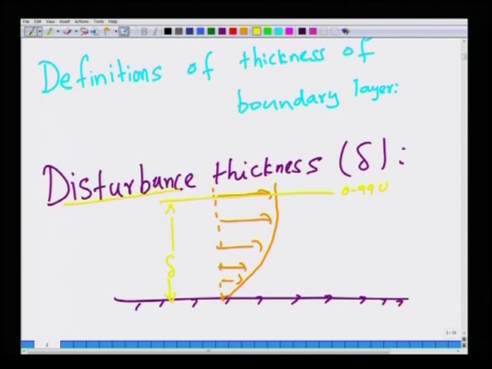Okay. So, one could have different definitions. Somebody could say at what distance it is 99.9% or simply 90% and so on. There could be variations, but there is some arbitrariness in the definition of the disturbance thickness. Once we all agree to this convention that it is 99%, then that is the distance over which the velocity varies from 0 on the rigid plate to 99% of the free stream velocity.